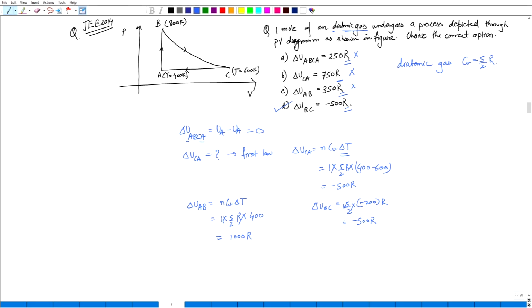So, a very simple question. You don't need to panic by looking at this curve. This curve has nothing to do with internal energy.